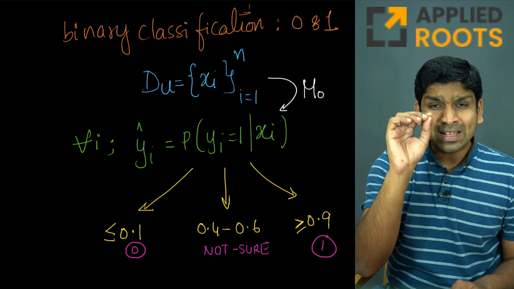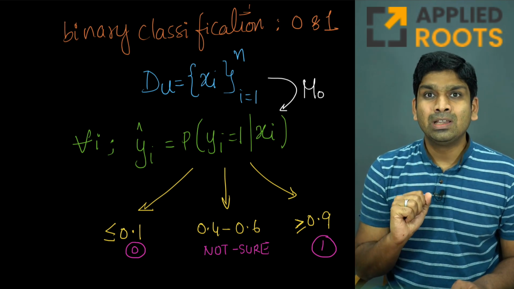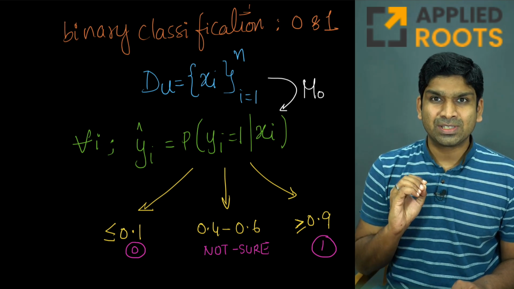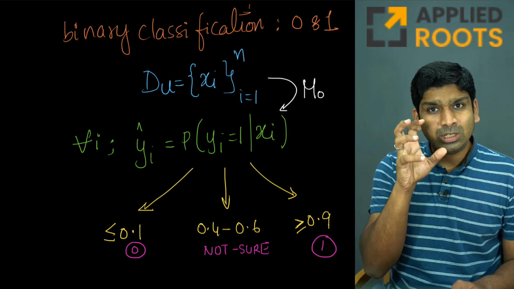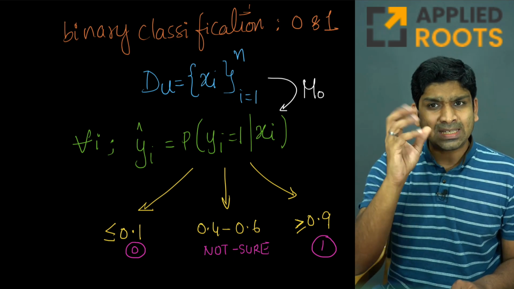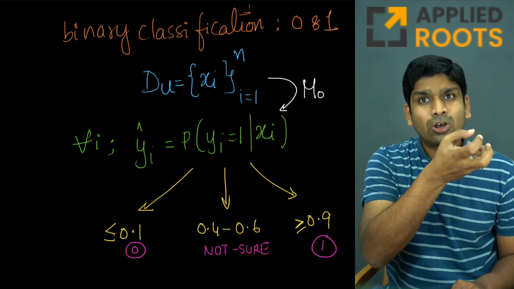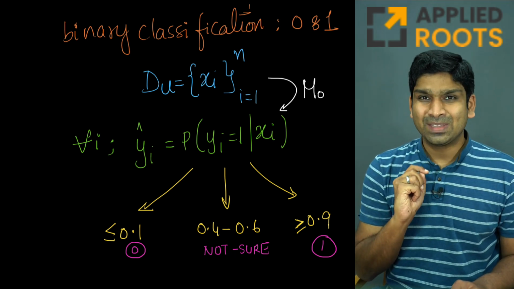I'll give you one simple example on how to think about active learning in general. Imagine we have a binary classification setting where we have two classes, 0 and 1. So let's take our whole data DU. Let's assume DU has n unlabeled points, just xi's. We will pass all these unlabeled points through an initial model M0, as you can see on the screen.